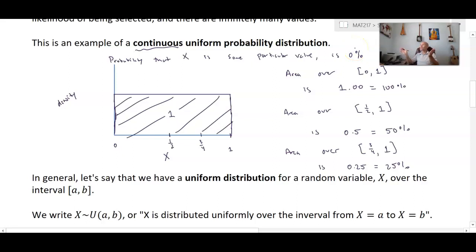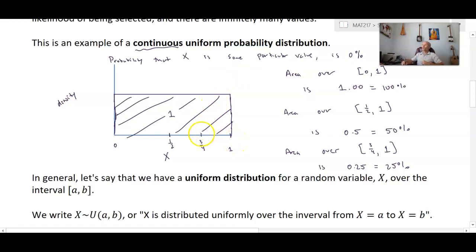Because there are infinitely many values, so the probability that you get any one specific value is 1 over infinity, or essentially 0. And so whether you include 3/4 or not in that entire interval, well, 3/4 is just a point value, and it has a 0% chance of coming down.